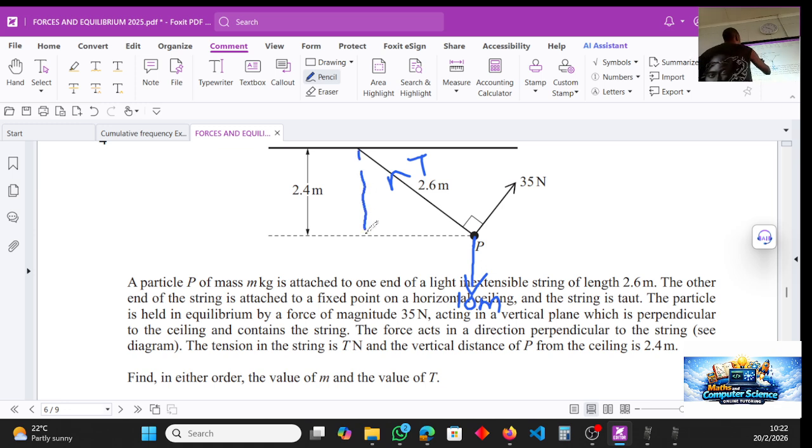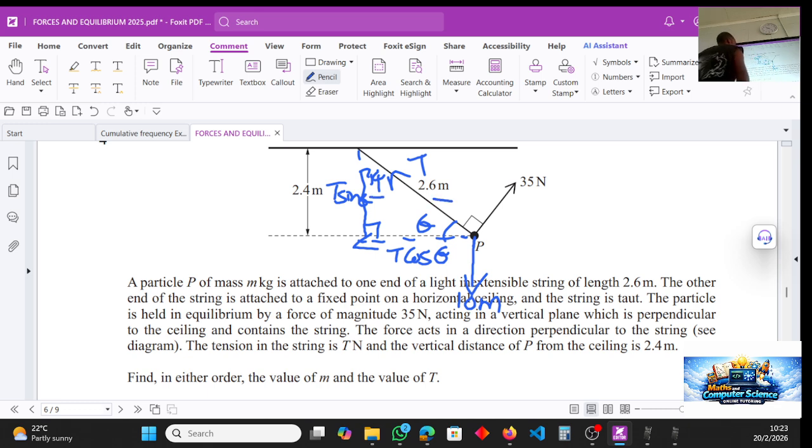So if we can imagine here, this is what we'll get when we do our components, where we have T cos, let me refer to this angle as theta. So that will be T cos theta, and this will be T sin theta. But remember, we know this distance is 2.4. So I've got the opposite side and the hypotenuse.